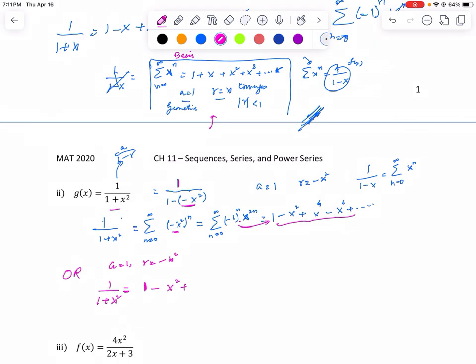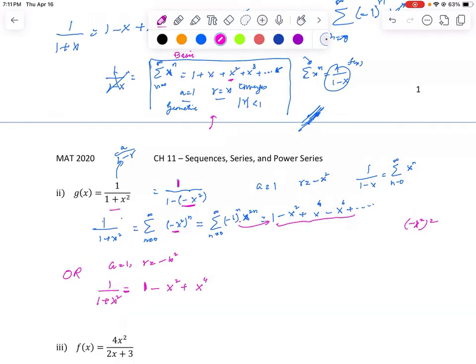Negative 1 squared eliminates the negative sign, and we have x squared squared, so we get x to the fourth.